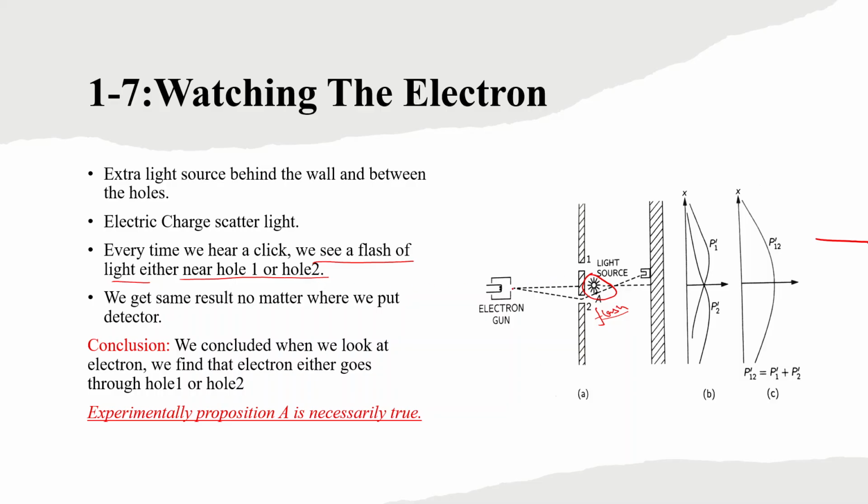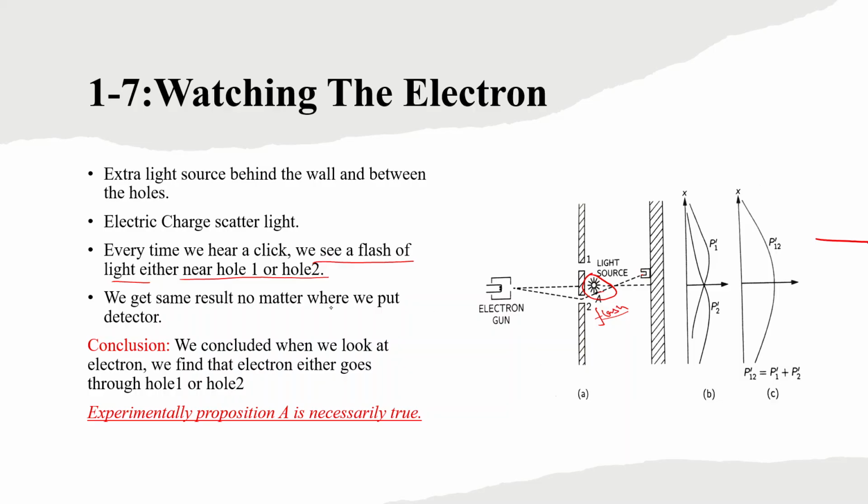So let's say, for example, the electron passes through hole 2, and when it crosses this distance, we see a flash of light, and at the same time we hear a click. So we get the same result no matter where we put our detector.